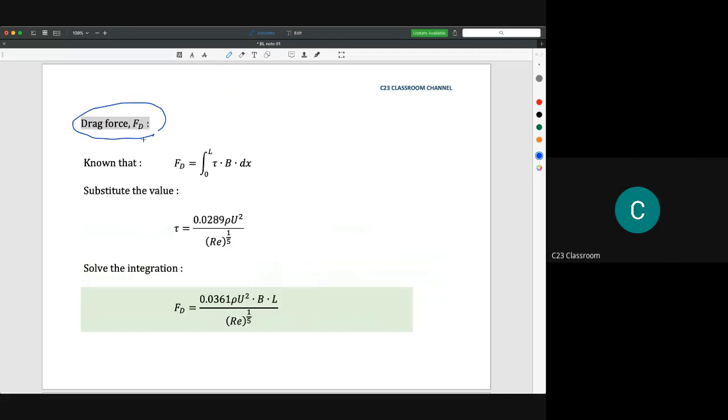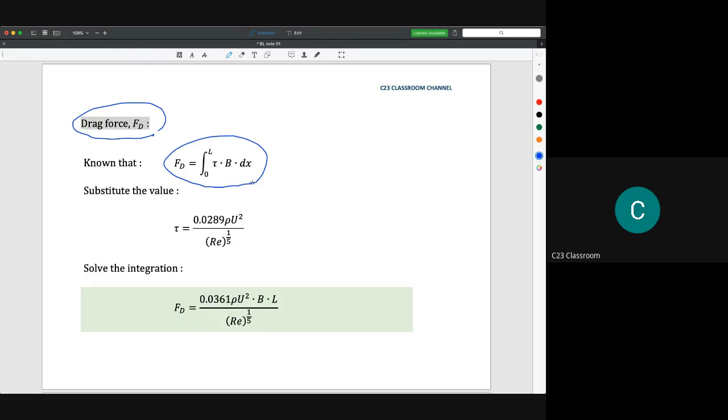The greatest effect of the boundary layer is the existence of drag force and lift force. We need to calculate them by using the integral. So the common equation is the integral from 0 to L of tau times b dx.